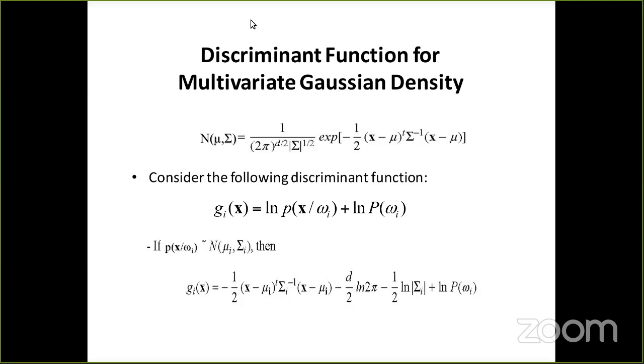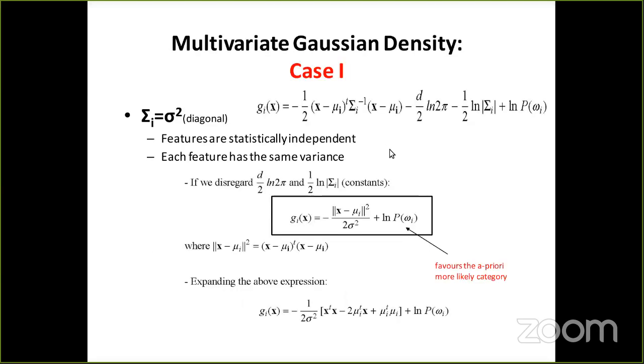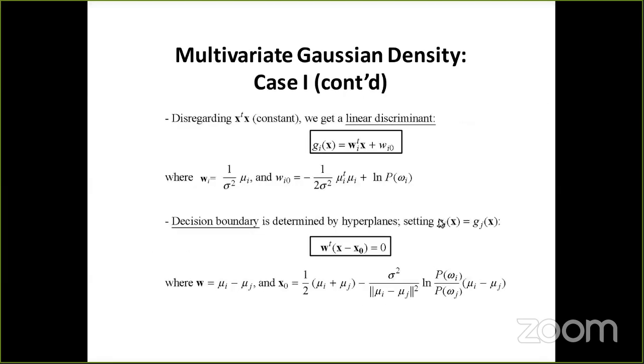Ashish is asking how the boundary line is derived. The boundary line is derived where P of omega 1 given x is equal to P of omega 2 given x. That's pretty much it. Where one discriminant function is equal to the other discriminant function. Otherwise, on one side of the boundary gi will be greater, on the other side gj will be greater. So the boundary is where both classes are equally probable.